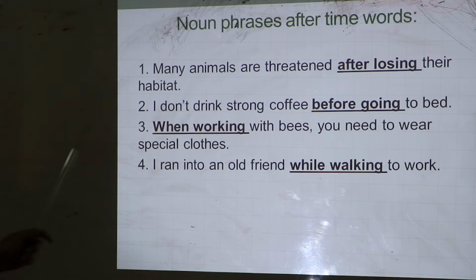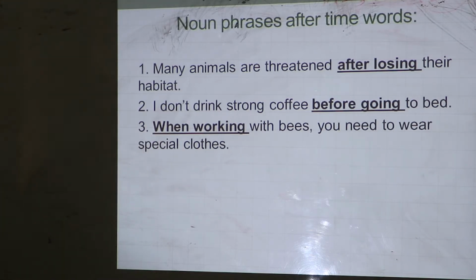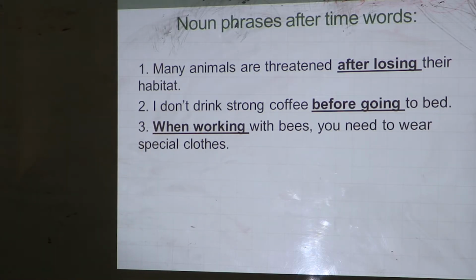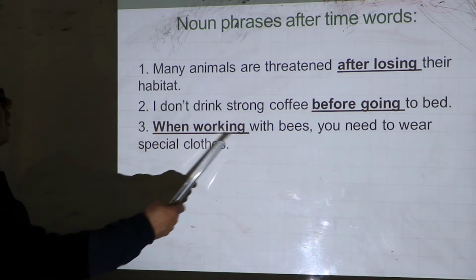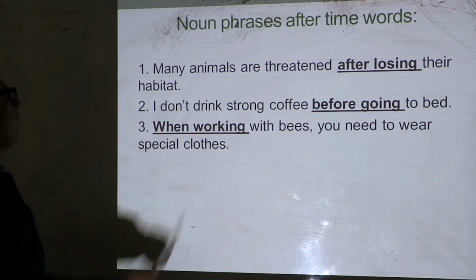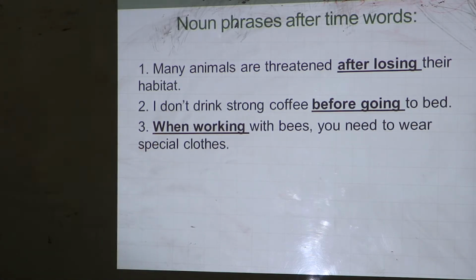Look at the third sentence. When working with bees, you need to wear special clothes. What is the time word here? It is when. What is the verb in the ing form? Working. Work plus ing, working. When working with bees, you need to wear special clothes.